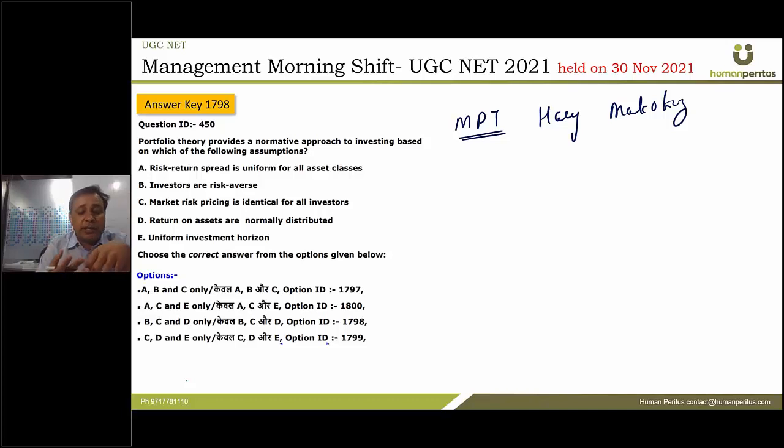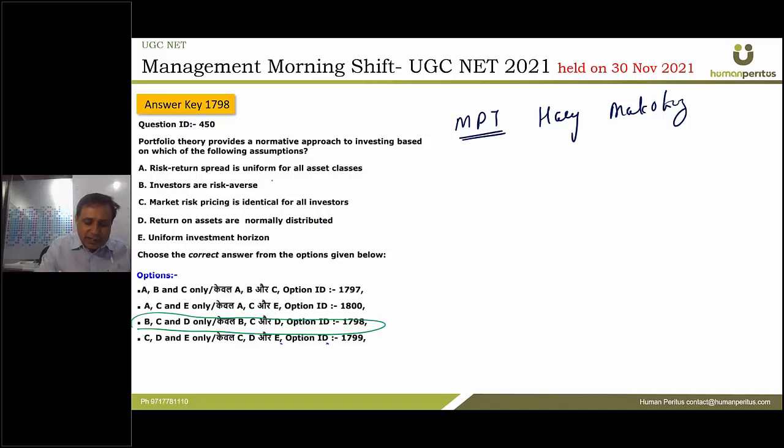Your risk is measured by variance or standard deviation. Your returns are normally distributed, and another assumption is that whatever information comes, it will automatically get absorbed, and therefore markets are efficient. So in this question, our correct answer is C, which is B, C, and D.